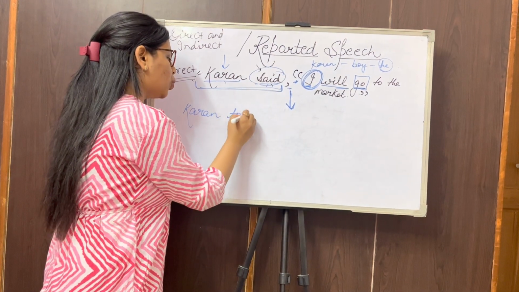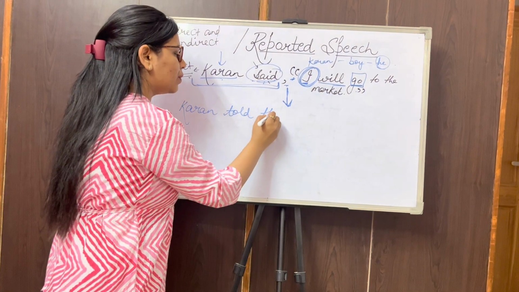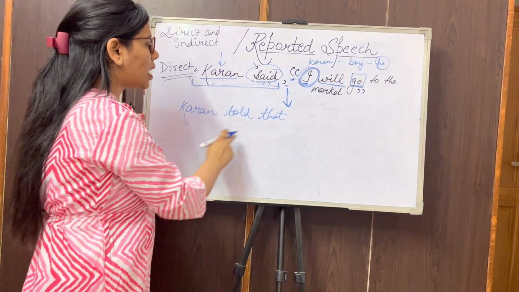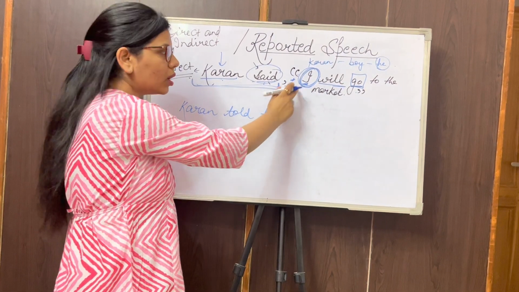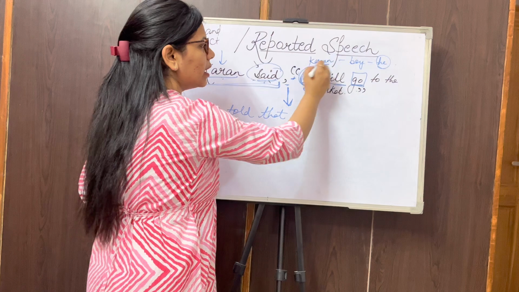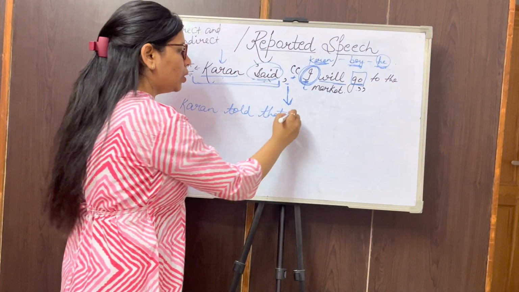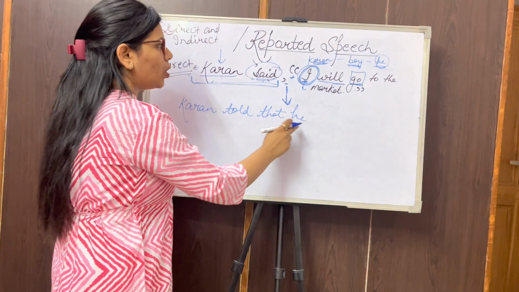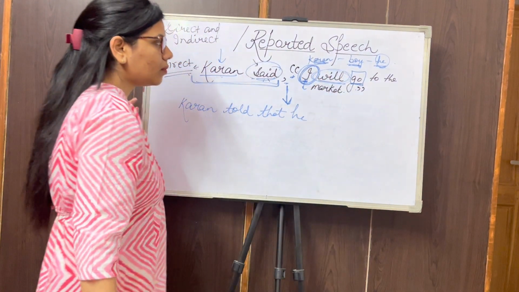Karan told. Inverted commas we will remove and we will write that. Karan told that. Now again we come to the pronoun. And who is this I? It's Karan. Karan is a boy and thus we will use the pronoun he. Karan told that he. Now we have will.